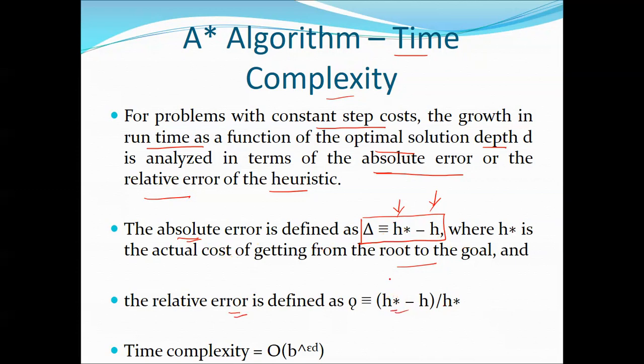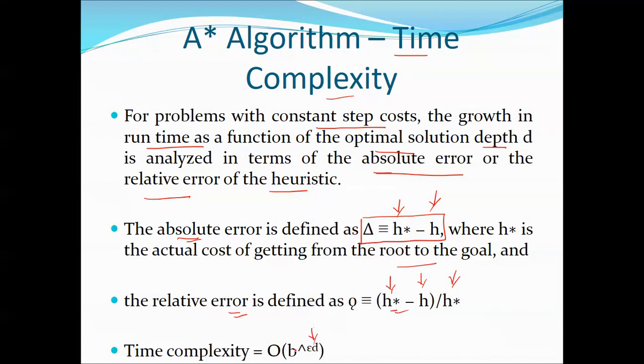Again, h star is the actual cost of reaching from the initial state to the goal state, and h is the heuristic cost. So relative error is given as h star minus h by h star, and the time complexity of the A-star algorithm is order of b to the power epsilon d, where d is the depth at which the solution is available.